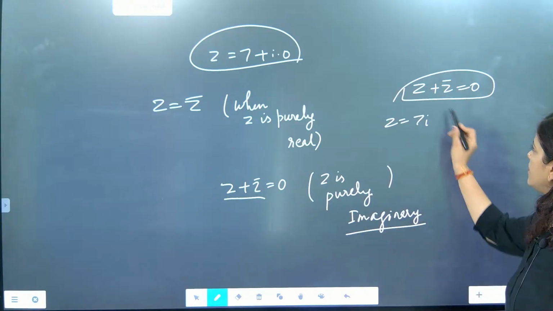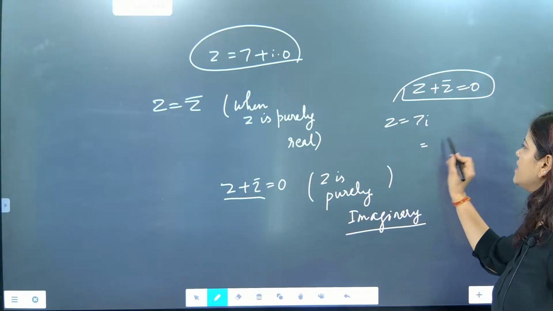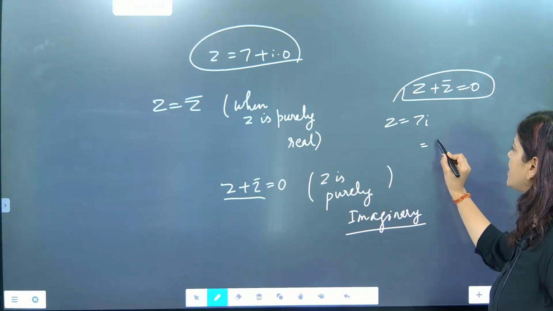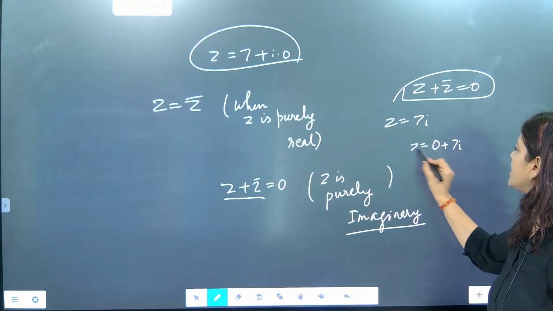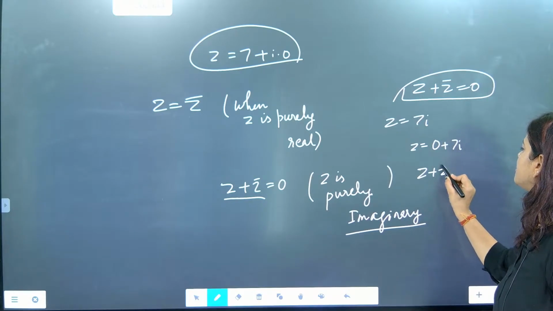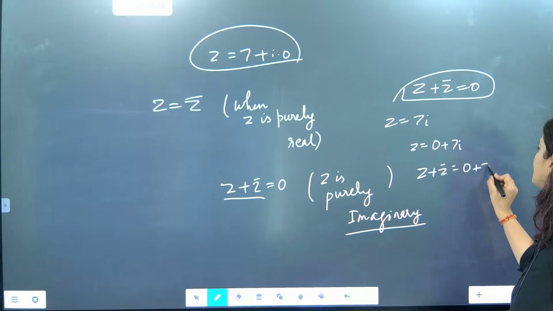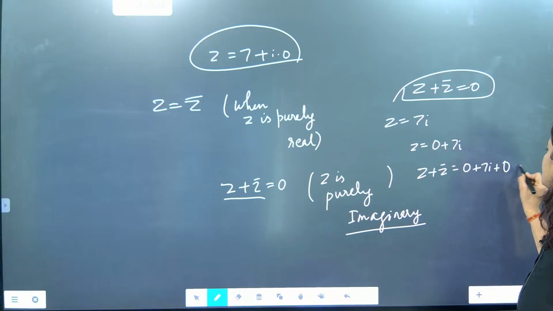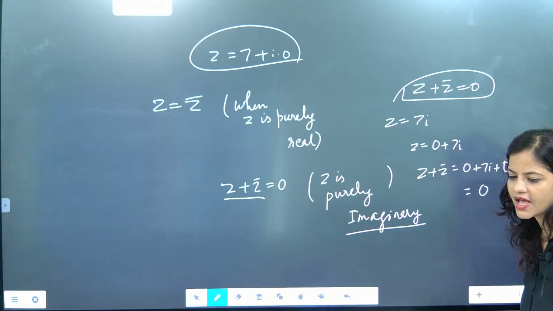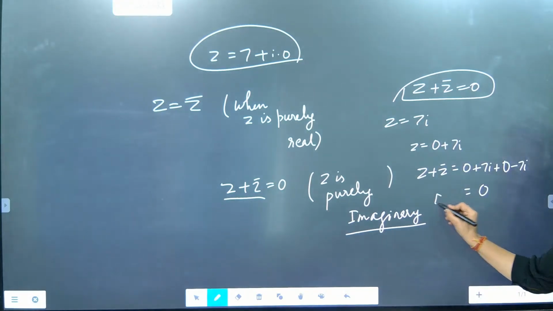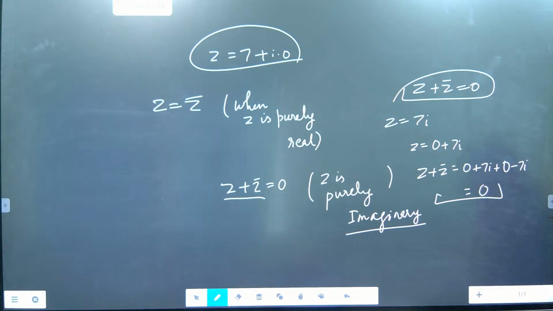Z is equal to 0 plus 7i, because the real part we have made 0. Then z plus z bar equals 0 plus 7i plus 0 minus 7i, and after cancellation the answer is coming as 0.